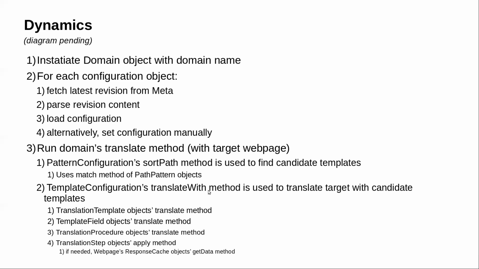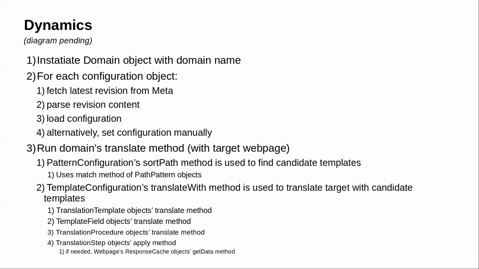We give it the web page object, we give it the translate method paths that we are going to try, and it's going to use the nested translate methods of the nested objects, like the translate method of the template objects, the translate method of the field object, the translate method of the procedure objects, the select method of the selection step objects, the transform method of the transformation step objects, and then it's going to create a translation output as we saw in the previous slide.